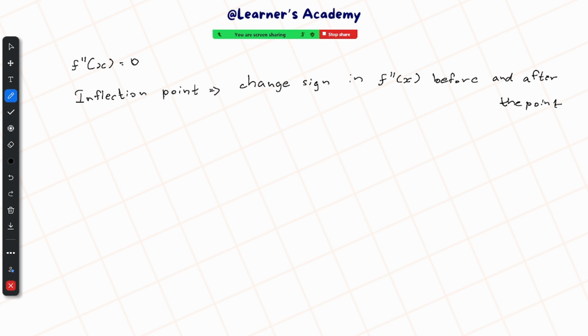What I mean is we cannot straightforwardly conclude that if we find the second derivative of f of x and equate it to 0, we will always get an inflection point. That's not always the case.